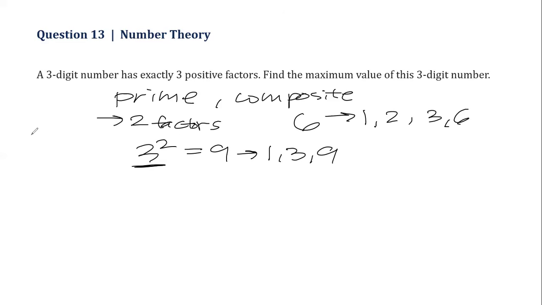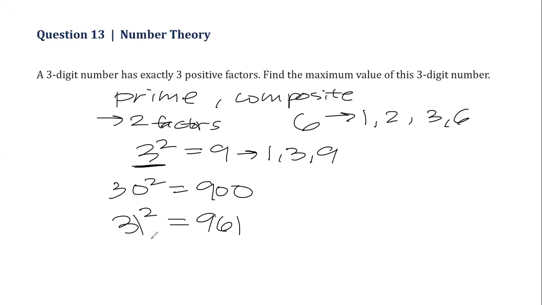We know that 30 squared is 900. This is pretty close to 1000 already. And 31 is a prime number. If you square this, you get 961.